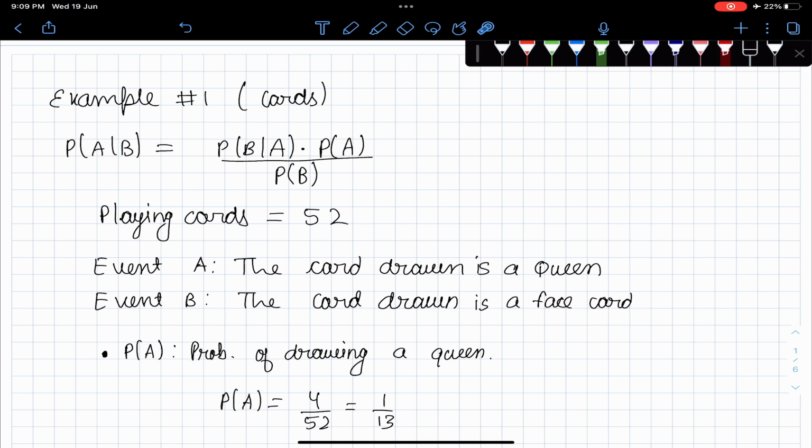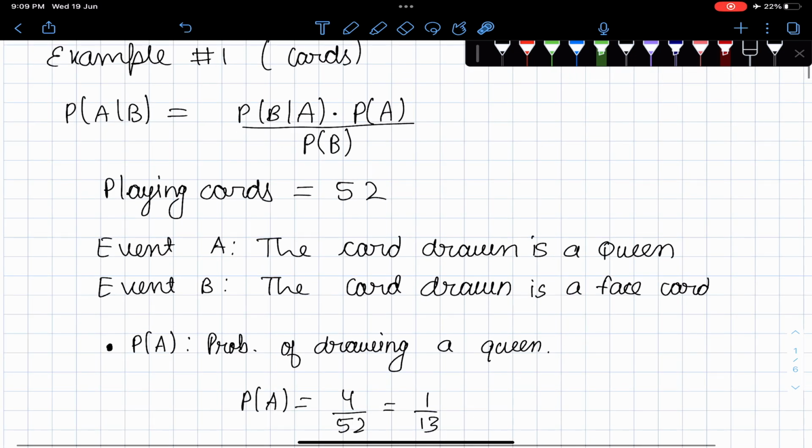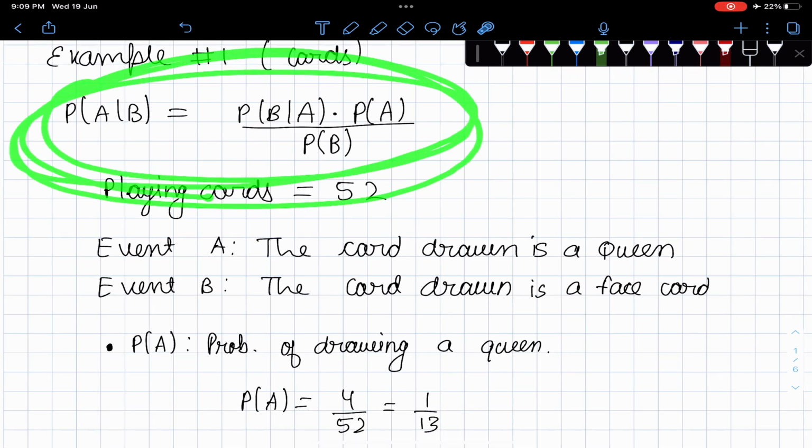So first of all, let's see what the Bayes theorem says.